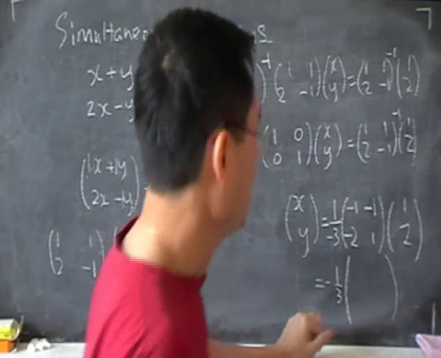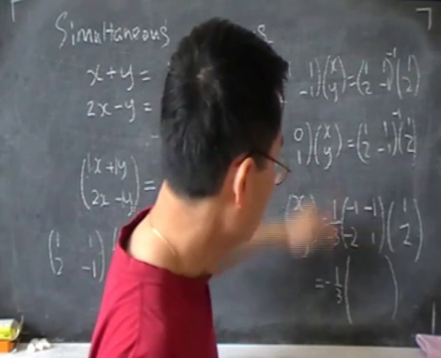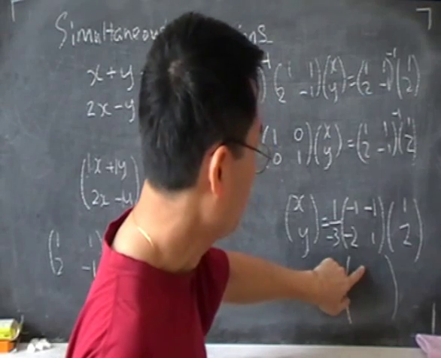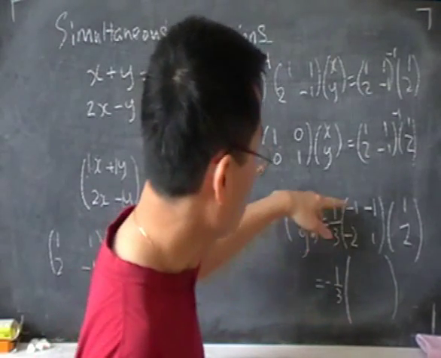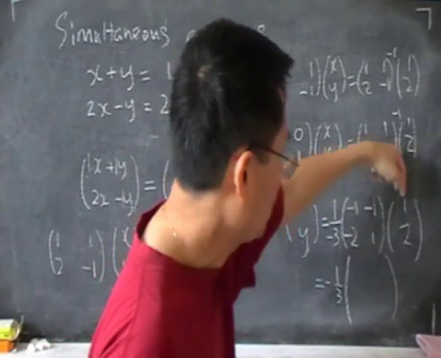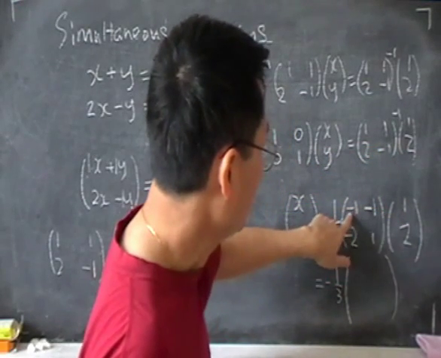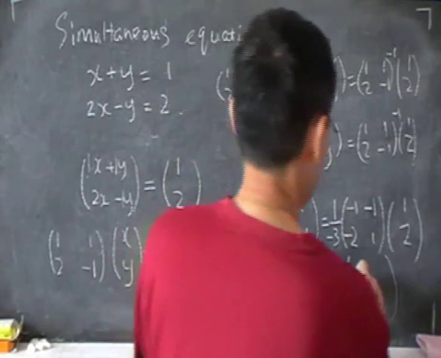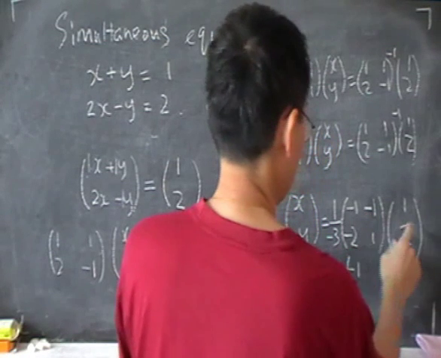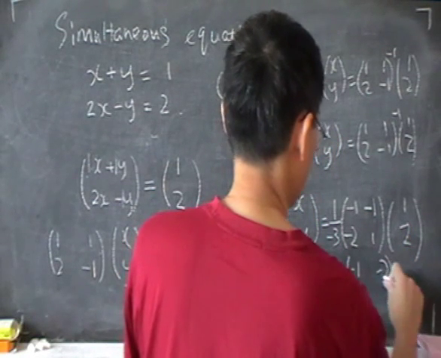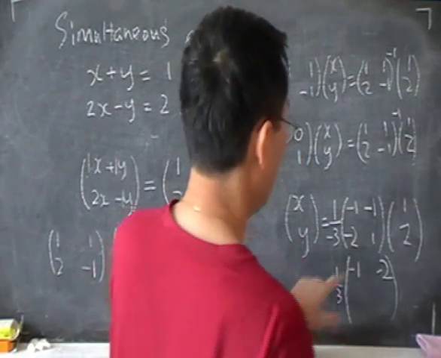Right, I'm going to try to calculate the answer here. In order to find this answer, for the first number, I must take the first row and multiply it by the column. Minus 1 times 1, minus 1 times 2, and we add them.